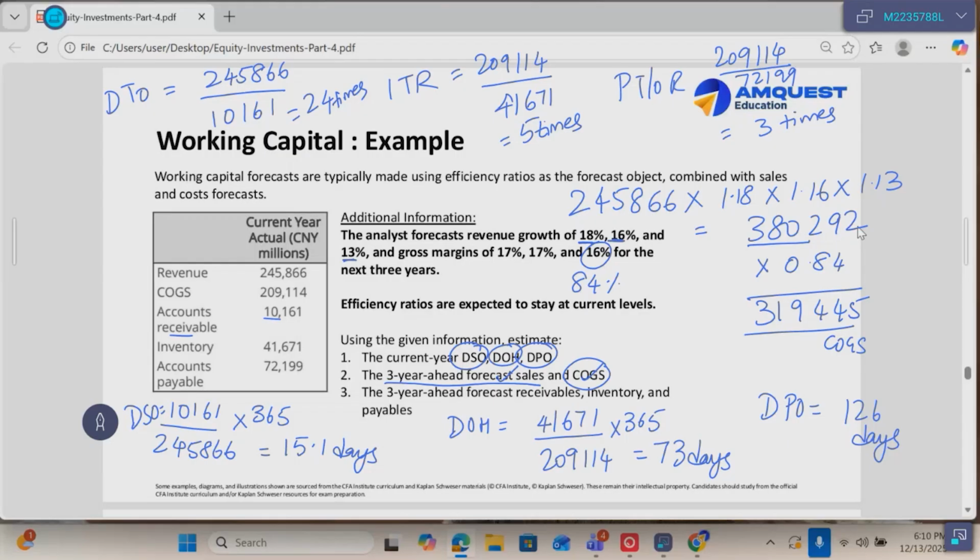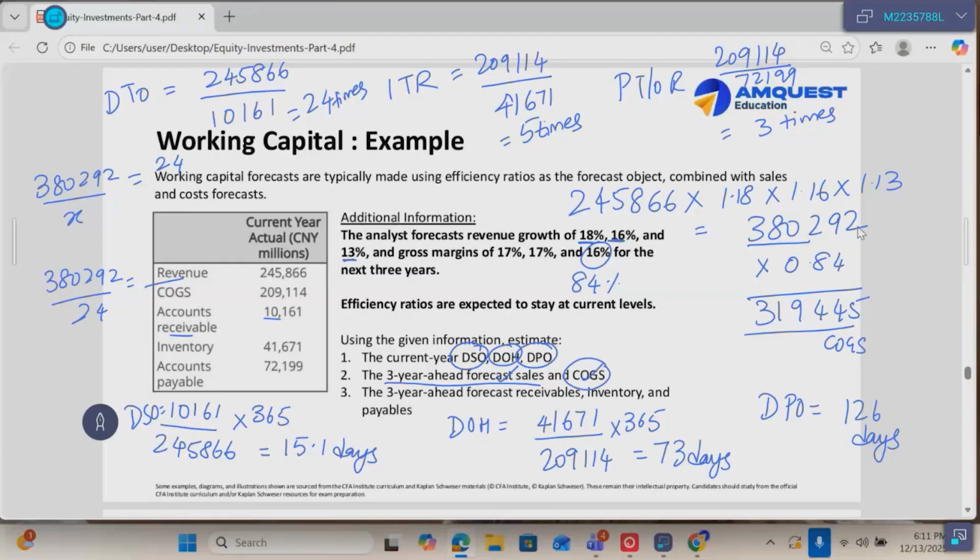My forecast sales is coming as 380,292. This is what I have to find out, X, and the answer is around 24. In order to solve for X, I'll do 380,292 divided by 24, and that X is going to be my accounts receivable.